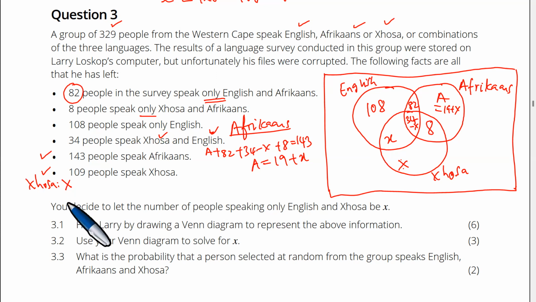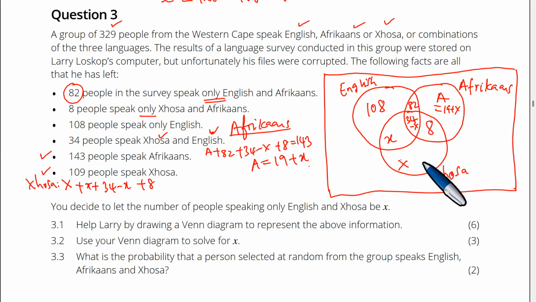So you have big X plus small x, plus we're dealing with the Xhosa now, so you're adding everything here: big X plus small x, and also 34 minus x, and then you're also adding 8.